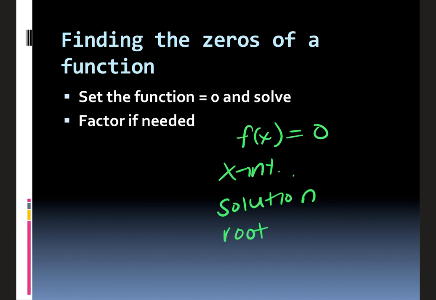All of those things mean find the values of x when y is 0 or when it crosses the x-axis. So if I have the equation, I set it equal to 0 and solve, there will be a lot of factoring involved here. If I have my graphing utility, I can look for where it crosses the x-axis. If I have a graphed picture, I can look for where it crosses the x-axis.